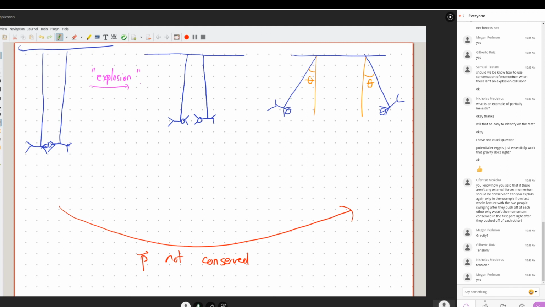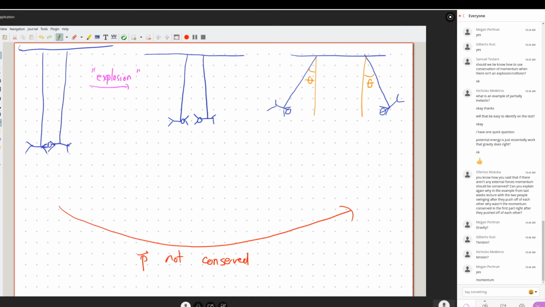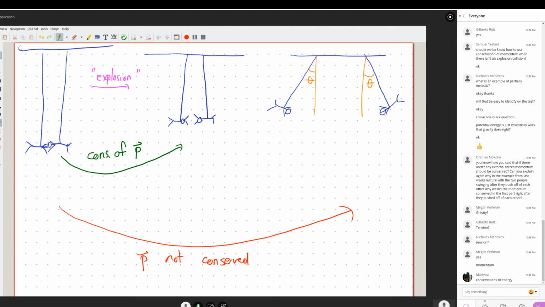Remember, we have a technique that we use for collisions and explosions. What is that? Momentum. So relating the first picture to the second picture is conservation of momentum. And now, in going from the second picture to the third picture, what technique should I use? Conservation of energy. Yep.